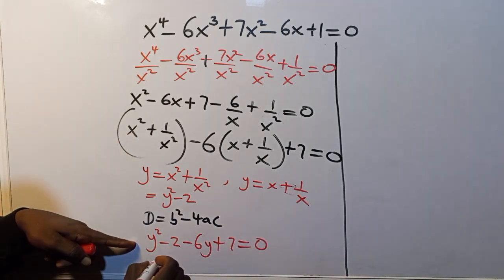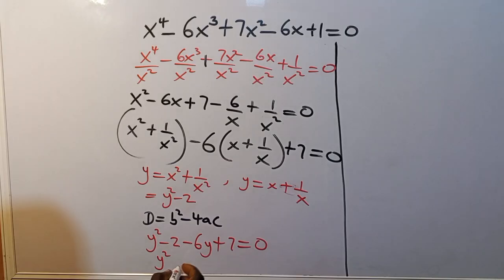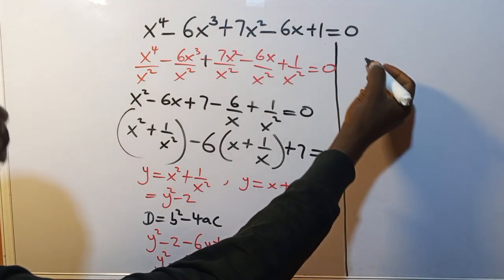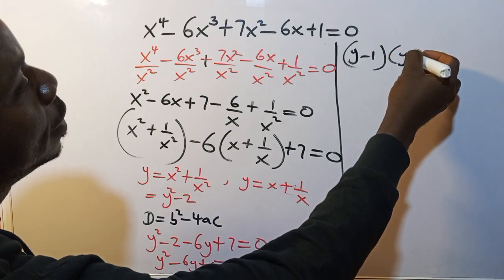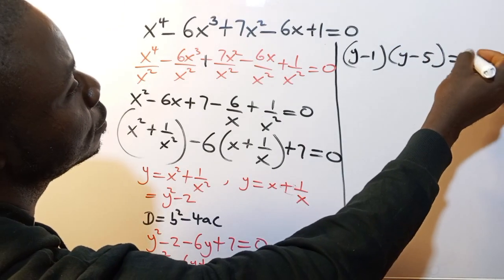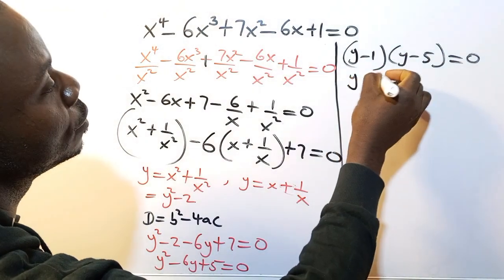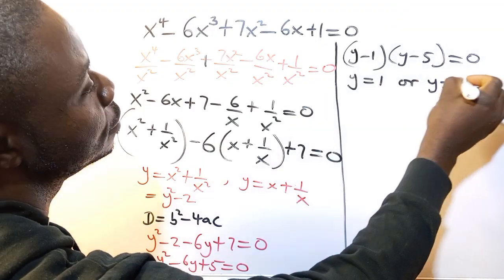Then when you simplify, you have y square minus 6y plus 5 is equals to 0. Now when you factorize, you have y minus 1 into bracket y minus 5 is equals to 0. So either y is equals to 1 or y is equals to 5.